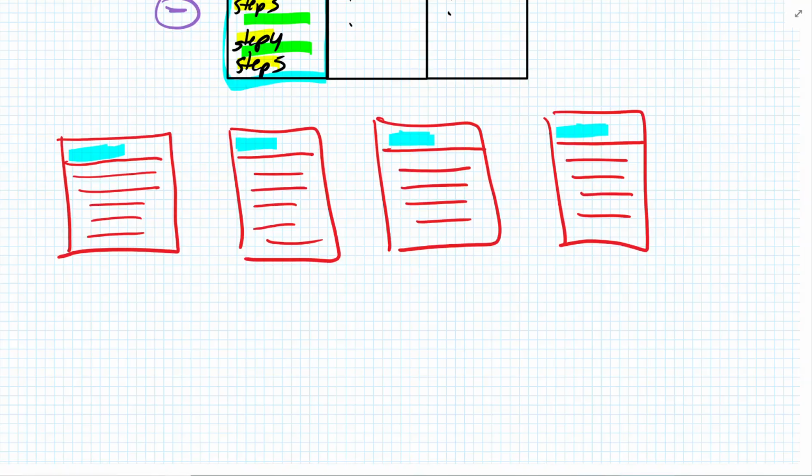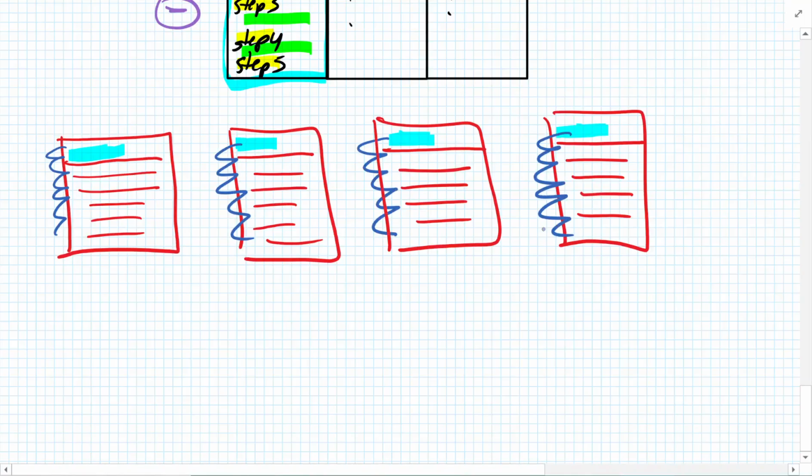Okay. So even if these are spiral bound together, it's a great idea to keep organized, to number your pages.